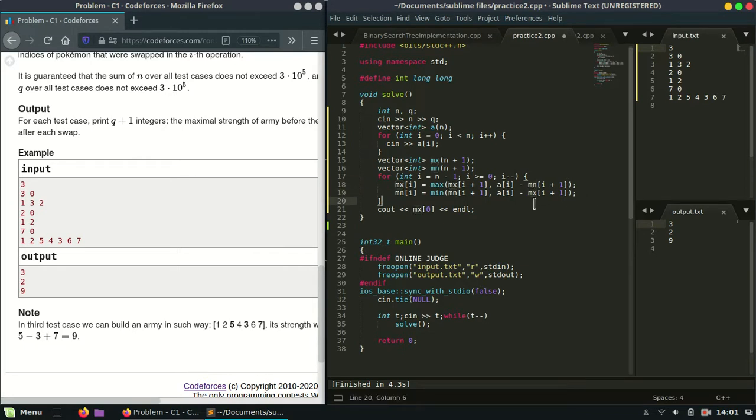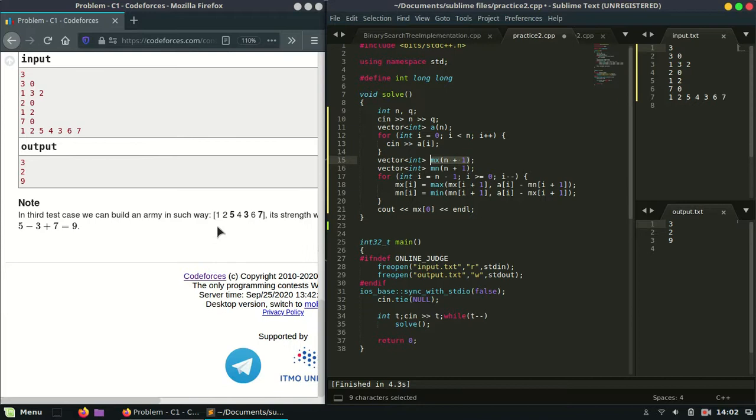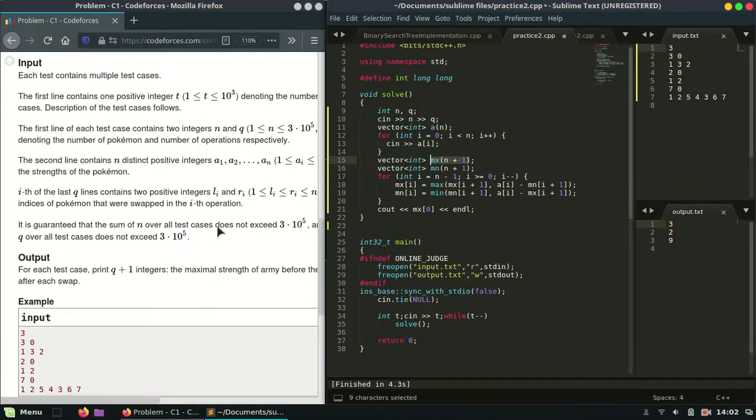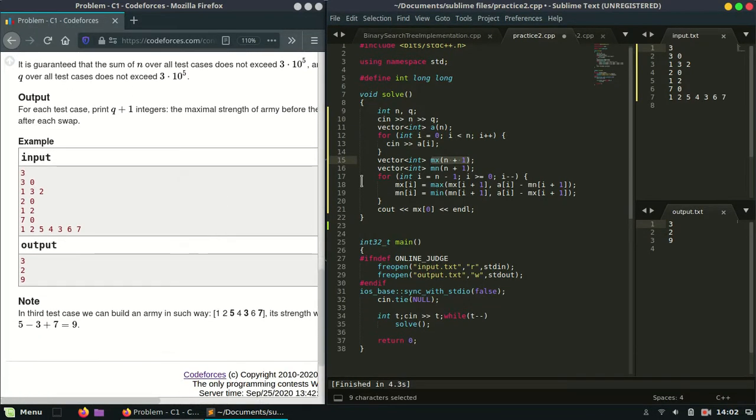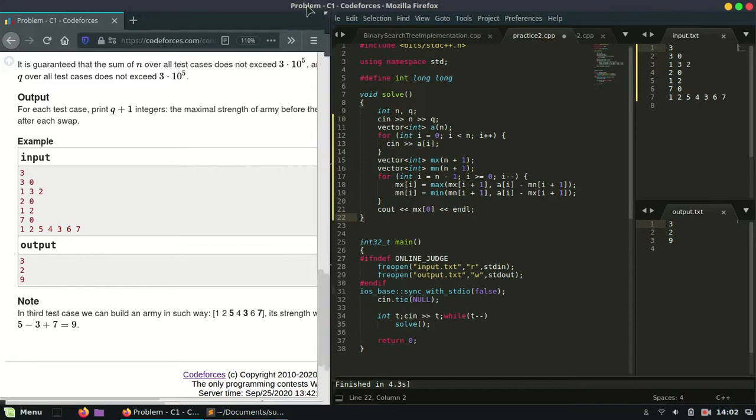So in this array, the first element will be the maximum strength of the army. So this was the code, and simply we will print the answer, meaning the first element of the maximum array. So this was the logic for this, guys.